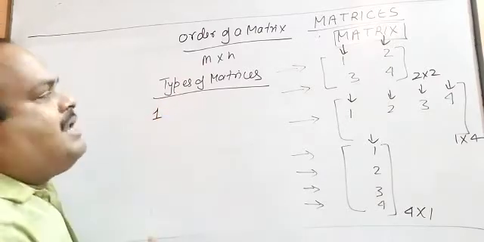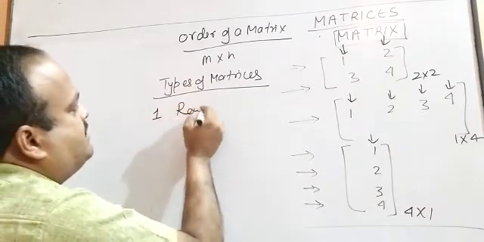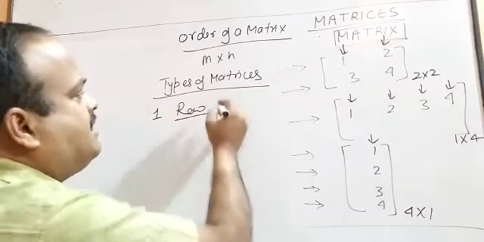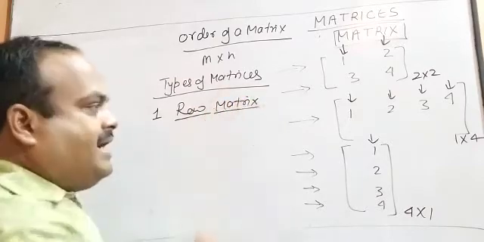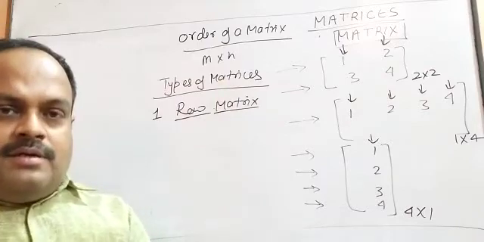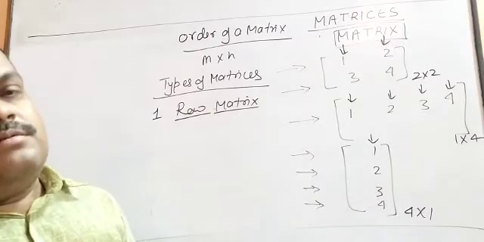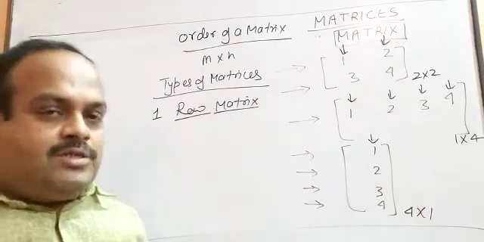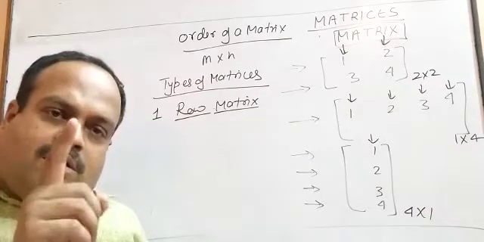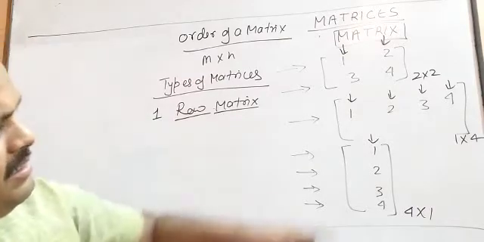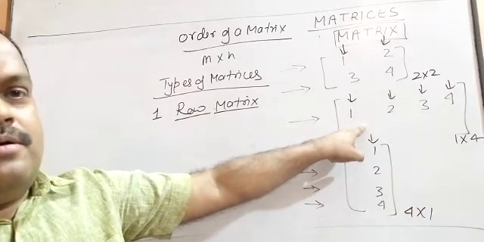The first example of the matrix is row matrix. My dear students, a matrix is said to be row matrix if it has only 1 row in it. A matrix is said to be row matrix if it has 1 row only. Here you see this is an example of row matrix.